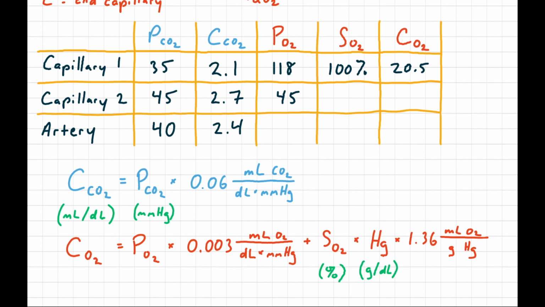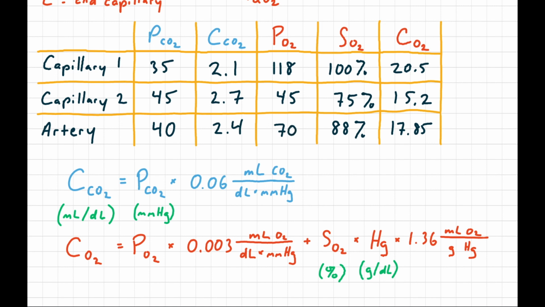An oxygen partial pressure of 45 corresponds, if you look at a hemoglobin saturation curve, with a saturation of about 75% and an oxygen content of 15.2 milliliters per deciliter. If we average the oxygen content in these two capillaries, we find an arterial oxygen content of 17.85 milliliters per deciliter. That works out to about an 88% hemoglobin saturation and an arterial oxygen partial pressure right around 70 millimeters of mercury.